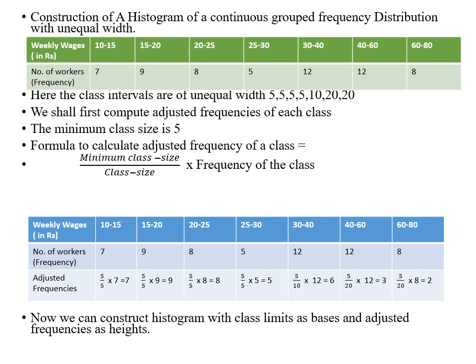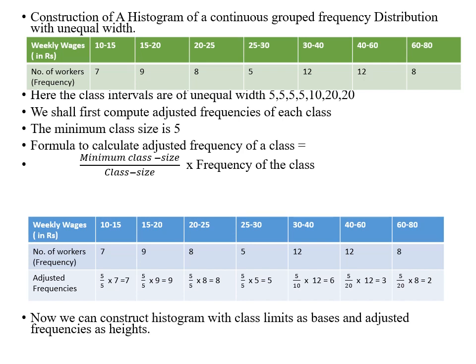And 20 to 25, class size is 5. 25 to 30, class size is 5. But 30 to 40, the class size is 10. 40 to 60, class size is 20, and 60 to 80, the class size is 20. So this table shows the frequency distribution with unequal widths.